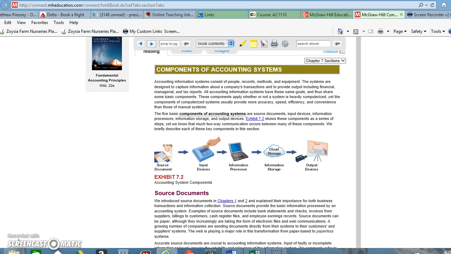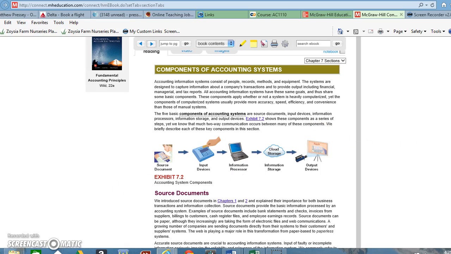Further on here on page 291, the book delves into the components of an accounting system, starting with source documents, putting that information from those documents into your processor, storing it, and then ultimately being able to derive reports from that information. Good reading here.